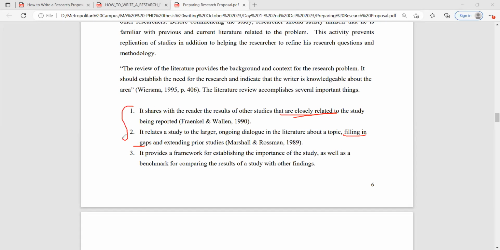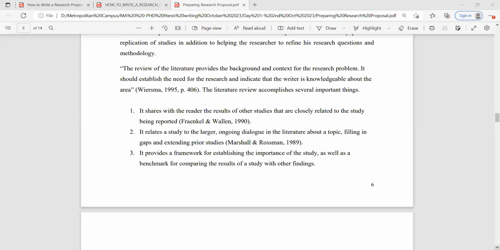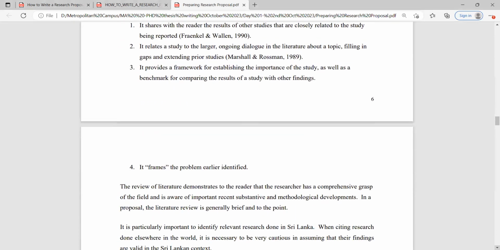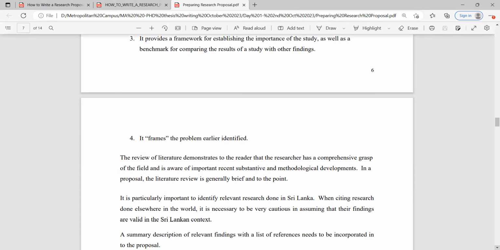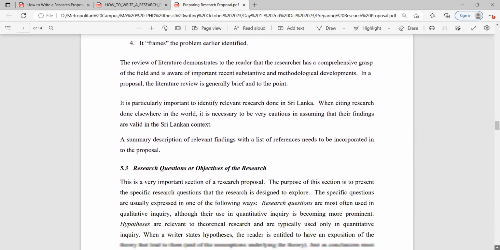So these things you have to be really sure about after you select your title and finish reading all your literature review; you have to identify it correctly. It frames the problem earlier identified. So literature review is extremely important to get a very, very clear picture.